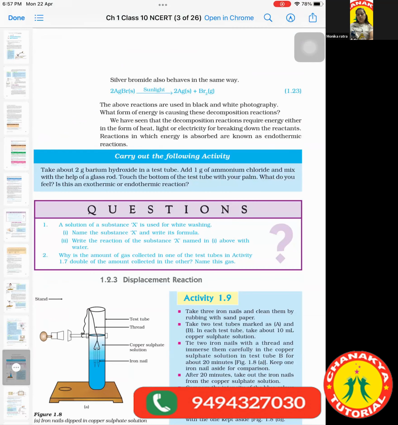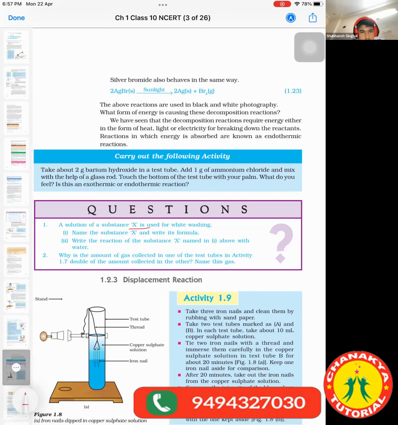Yes or no? A solution of substance X is used for whitewashing. Name the substance X and its formula. Write the reaction of X with water. Did we discuss? No? Fine. So who will tell me what is the substance X used for whitewashing?